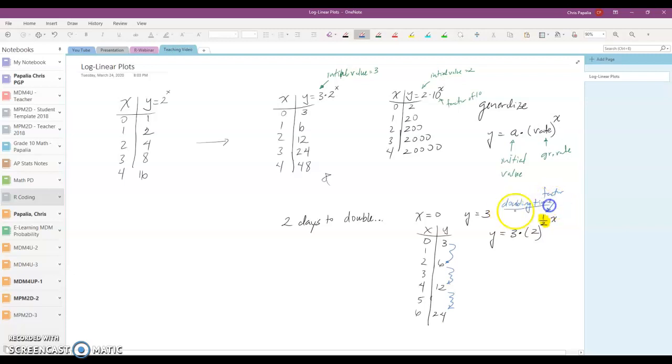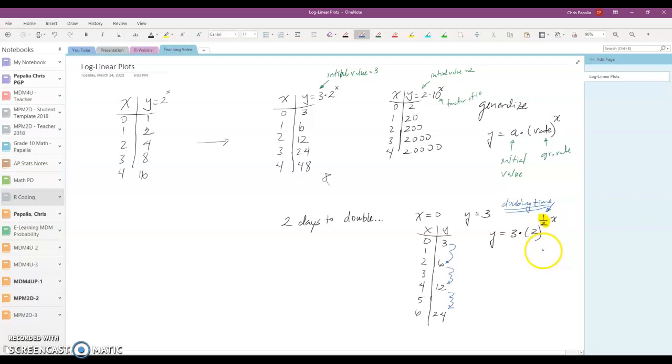This is an important idea. When x equals 2, 2 divided by 2 is 1, so it's doubled once.